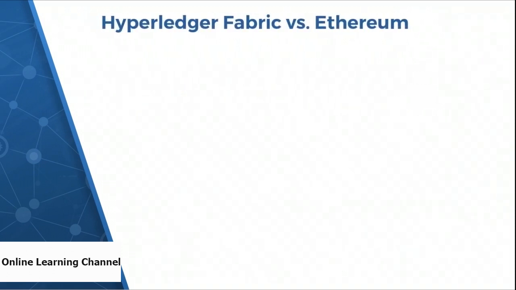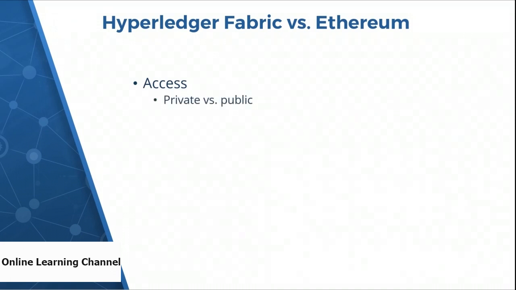We move along to the next task in the exercise, where you needed to contrast the Hyperledger Fabric network with Ethereum. The first point of distinction is in terms of who gets to access the network and become a member. Hyperledger Fabric is a private network, which means that membership is by invitation only.